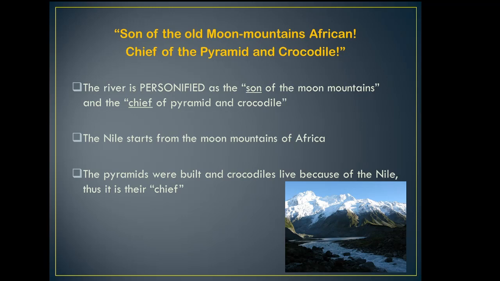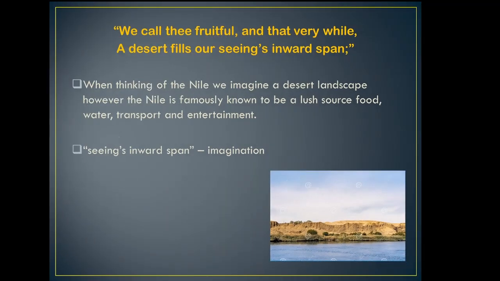Now let's move on to the next lines. We call thee fruitful, and that very while a desert fills our seeing's inward span. When we talk about Egypt or learn about the ancient Egyptian civilization, we normally get to know that the Nile is very fruitful and lush.